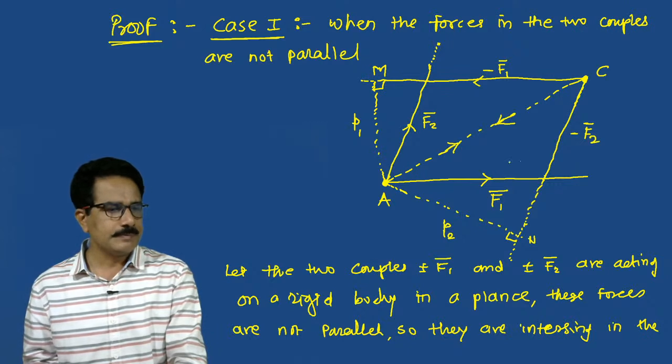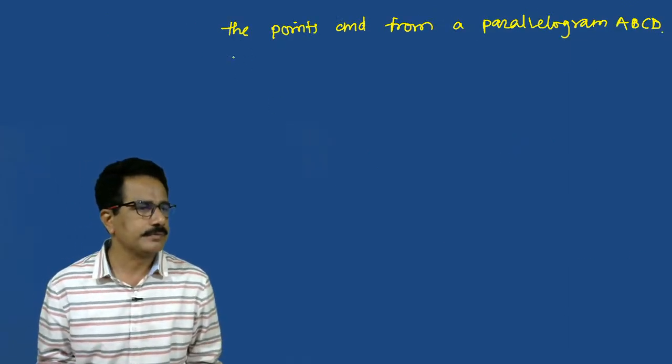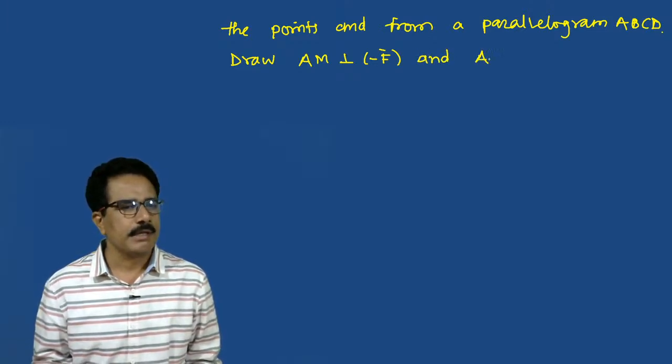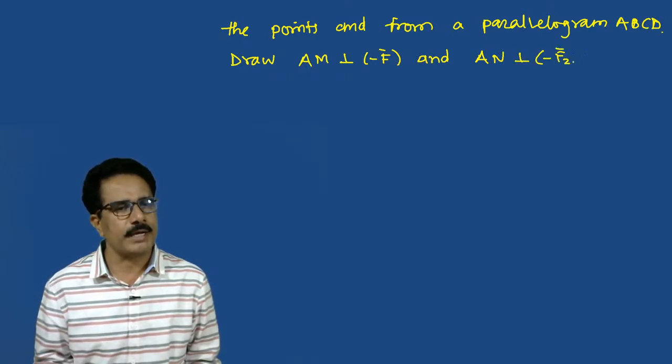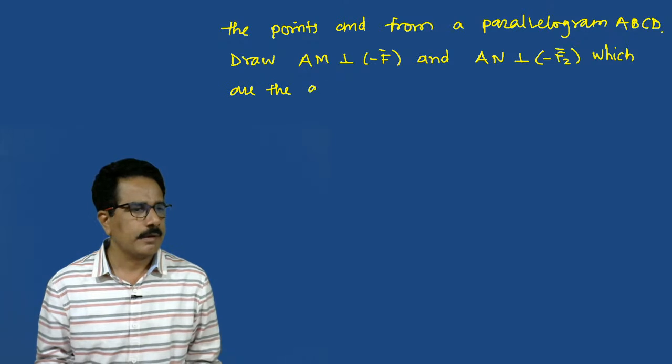Okay. Now draw AM perpendicular to minus F1 bar and AN perpendicular to minus F2 bar, which are the arms of the couple.